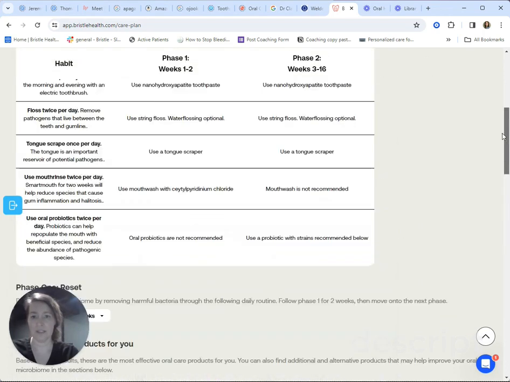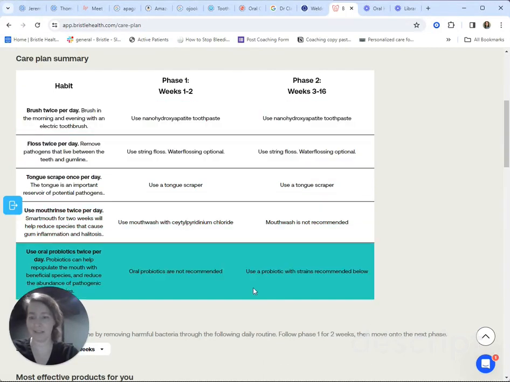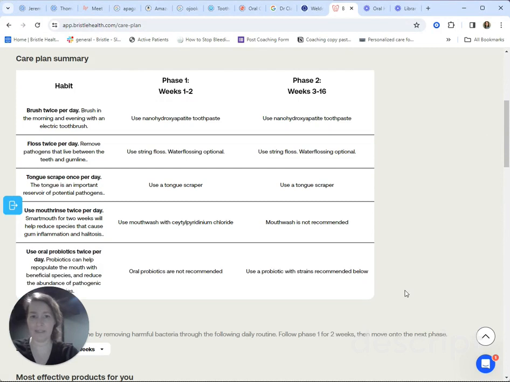So in his home care routine, we usually have a 2-phase process where we're doing some sort of weeding phase with an antimicrobial. We found that antimicrobials over the long term definitely cause a profound imbalance in the oral microbiome. So we usually just recommend doing an antimicrobial rinse for no longer than 2 weeks.